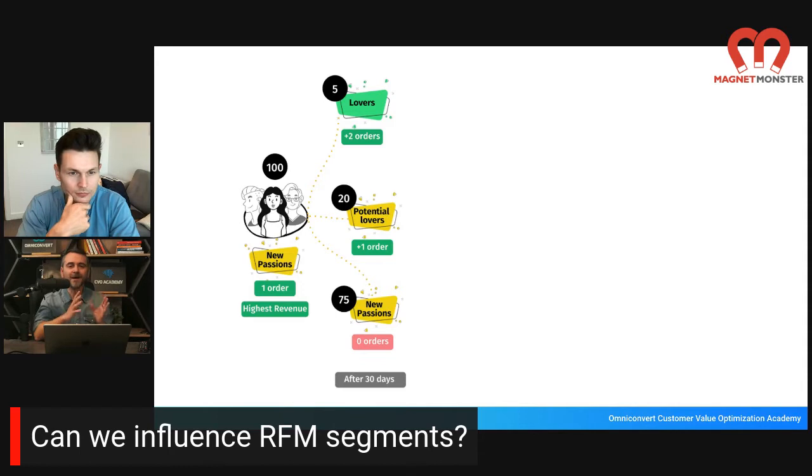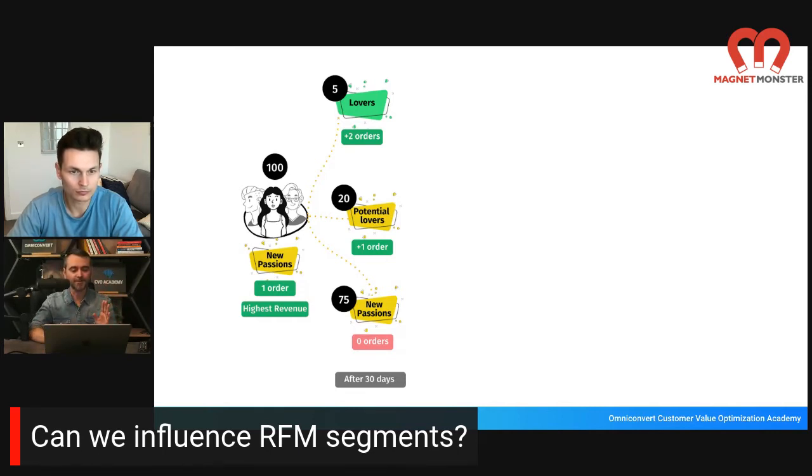Despite placing only a single order, they are among the best in terms of customer lifetime value. After 30 days, 5% of them will place 2+ orders, 20% of them will place 1 more order, and 75% of them will not do anything else. The tags are going to be automatically applied to them.